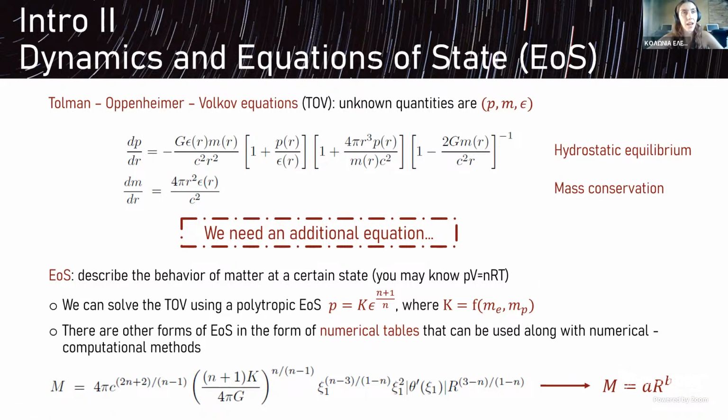So the easiest case of an equation of state is in analytical form, and it's called the polytropic equation of state, which is this one that you can see right here. It relates the pressure with the energy density, where K, which is the polytropic coefficient, is a function of the mass of the electrons and the mass of the protons. So this is really important, and just note that.